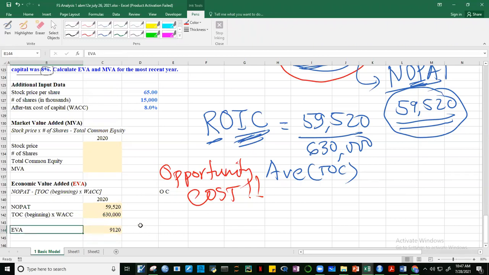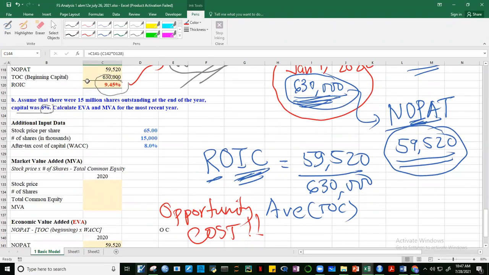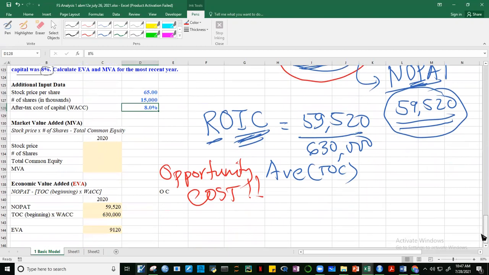If the EVA, economic value added, is positive, then value was created. And that was shown also in ROIC. ROIC is 9.45%, WACC is 8%, mas mataas yung ROIC kaysa sa WACC, then value was created. And that's also reinforced dito sa measure ng EVA. Okay? So, I'll stop there, guys.